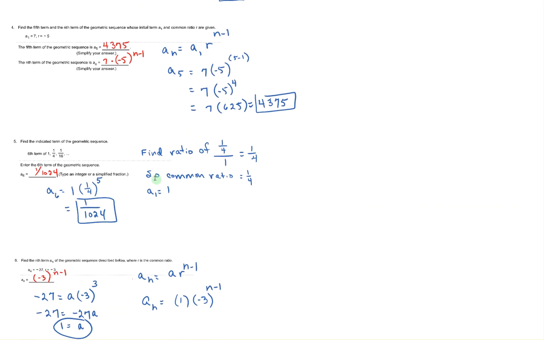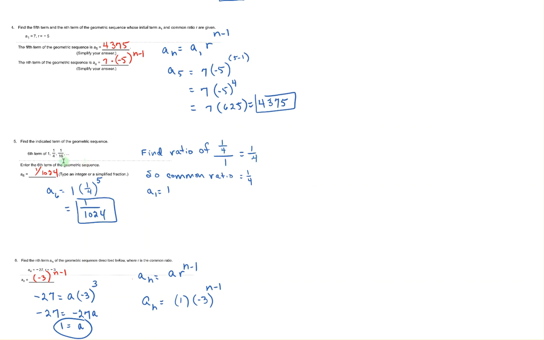In this one, we're finding a particular term, and they didn't give us the first term specified, and they didn't give us an r. So in number 5, we have 1, 1/4, and 1/16. First of all, to find r, we find the ratio of 1/4 divided by 1, which is 1/4.